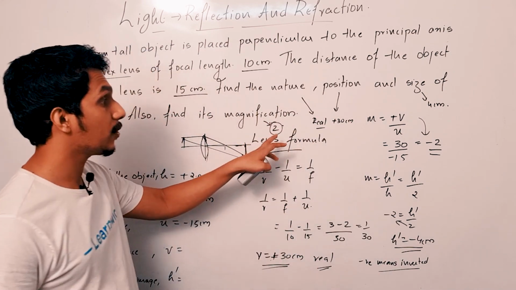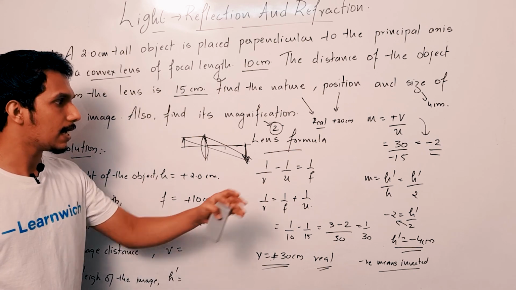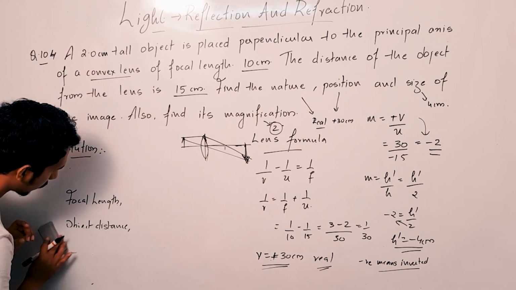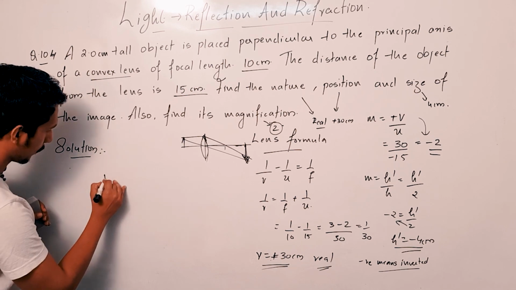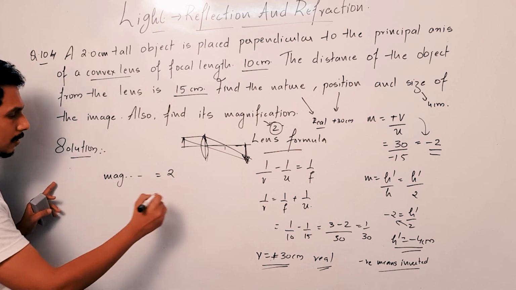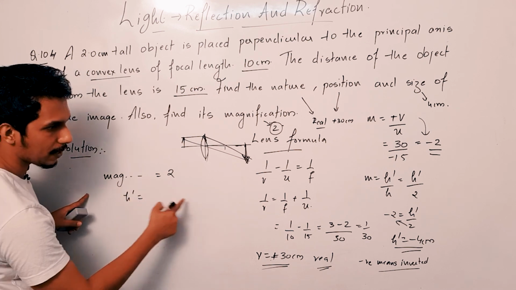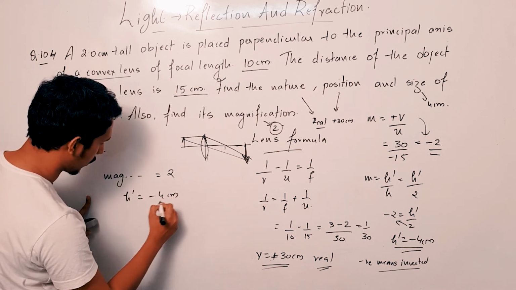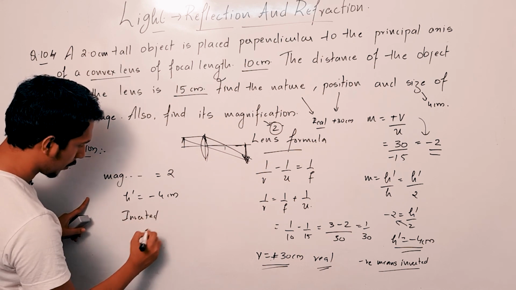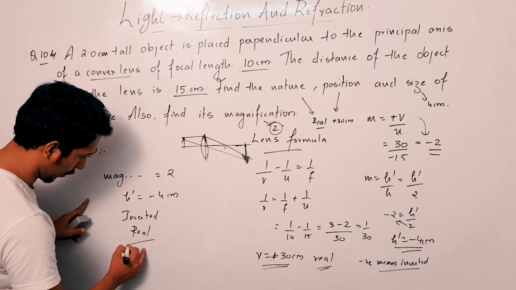I just marked it in the question itself, but when you're writing the answer, you have to specify everything and write. Like magnification is 2, height h dash, height of the image is -4 centimeter, it is inverted, and it is real.